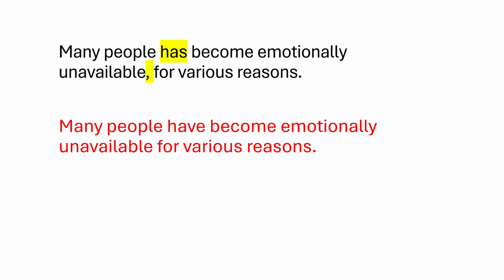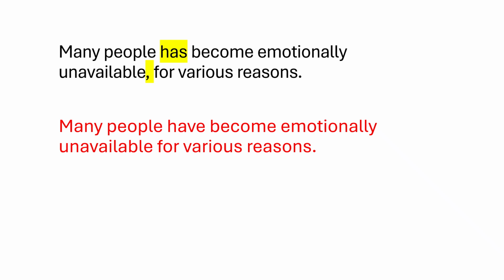Did you identify the errors? There are 2 in this sentence. "Many people" is plural. Therefore, instead of "has," the word "have" should be used, H-A-V-E. And the comma behind "unavailable" is considered a comma's place, so it is not needed.